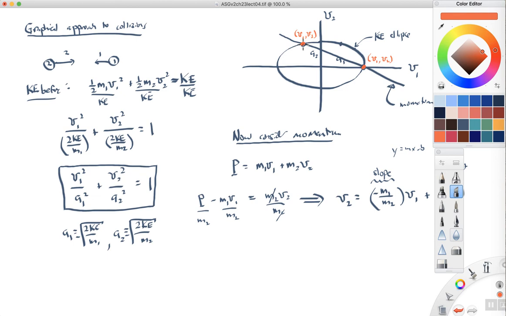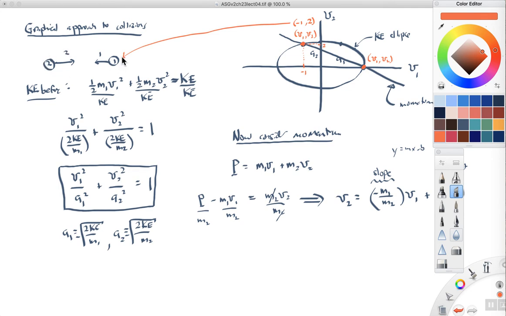That is when the velocity of object 2 is plus 2, and the velocity of object 1 is negative 1. So that is this initial condition right here. If you project this down, velocity 1 is negative 1, and velocity 2 is 2.